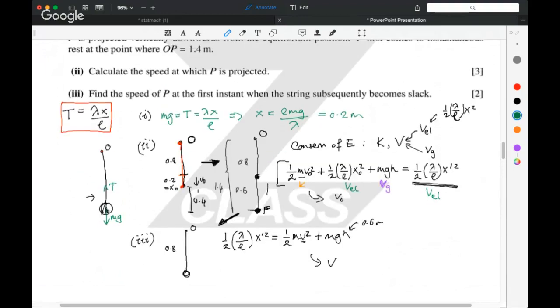And exactly the same thing happened with the second part. So here was the kinetic energy at the end, the gravitational energy at the end, and that was equal to the elastic energy at the beginning. And you could easily solve for that.